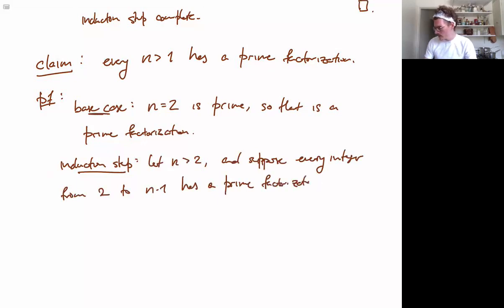My handwriting, my goodness. Writing on the screen is hard, you know. So then what do we say? If n is prime, then again, that's its prime factorization.